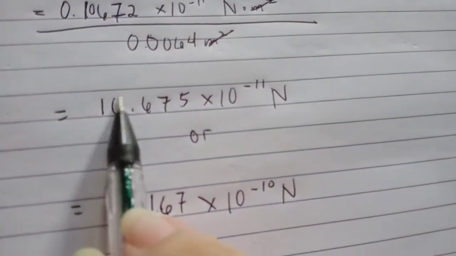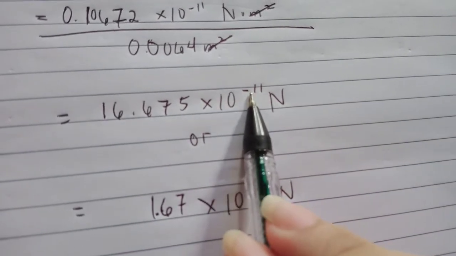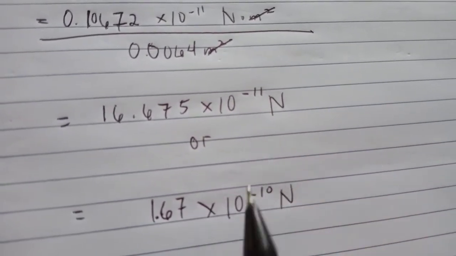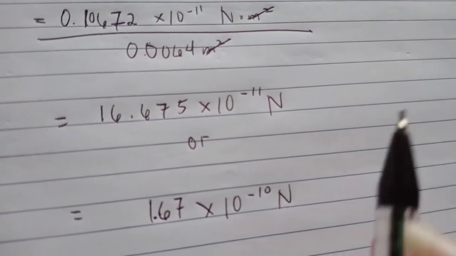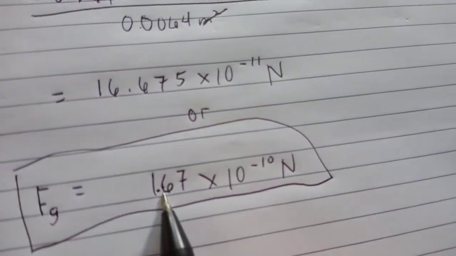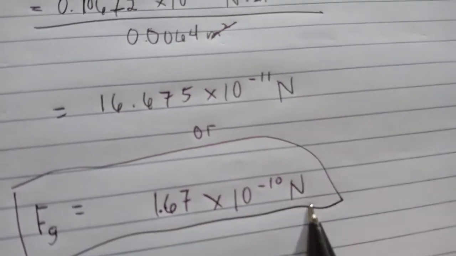Negative 10 because we move the decimal point here, that's why we need to add 1 here. Negative 11 plus 1 is equal to negative 10. So the answer will be, our gravitational force will be 1.67 times 10 raised to negative 10 Newton.